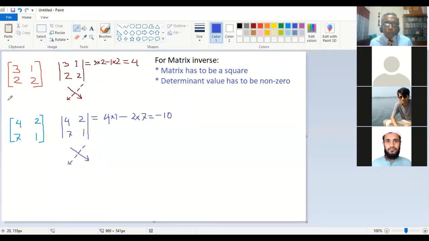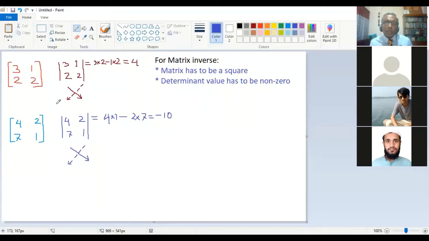Okay. Now I will show you how the 2 by 2 matrix can be done. If the matrix is bigger, if the matrix is 3 by 3, then we can also find out the determinant value, and we can also find out the inverse. So I will not talk about 3 by 3 inverse today.